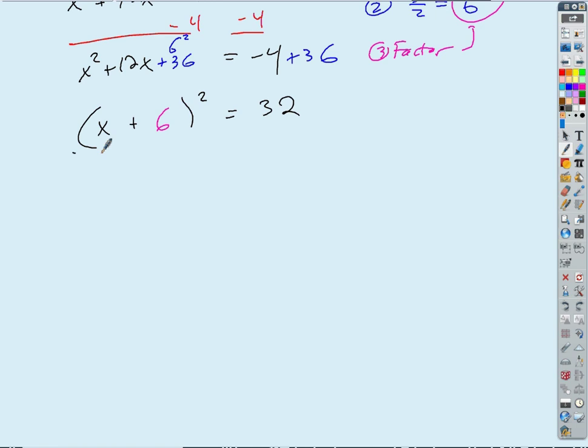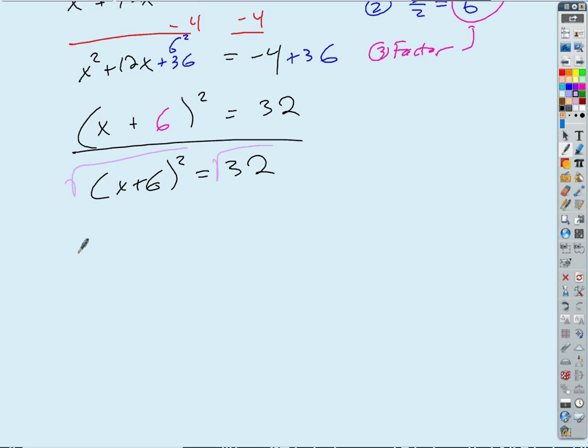Okay. And then all I've got to do is, in this equation, look what I've done. I've turned this into an equation that I can solve by isolating now. Right? So now we'll square root. So that gives me my x plus 6 equals what? Plus or minus.